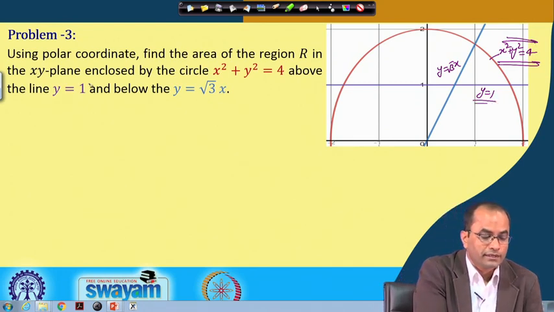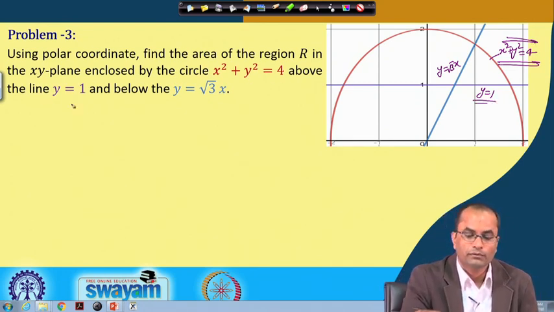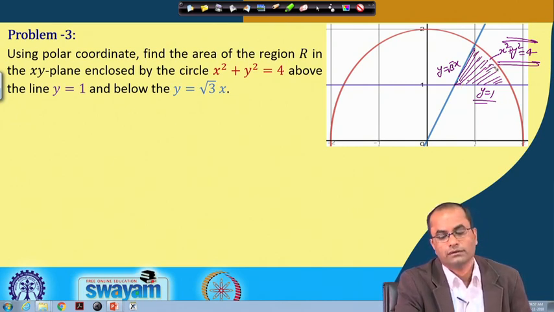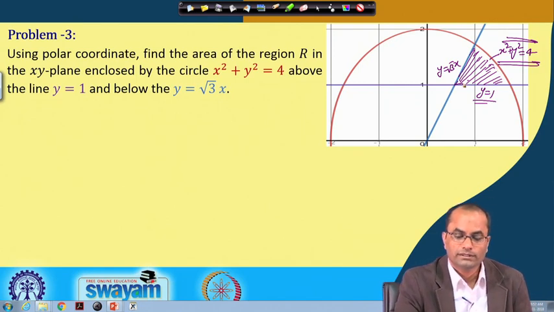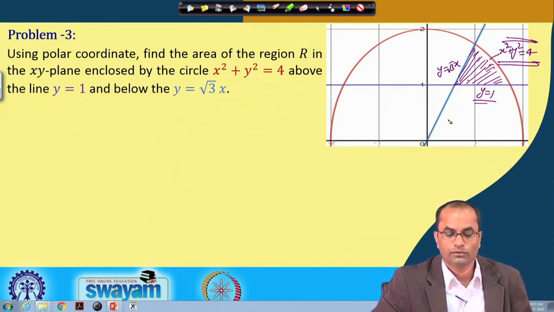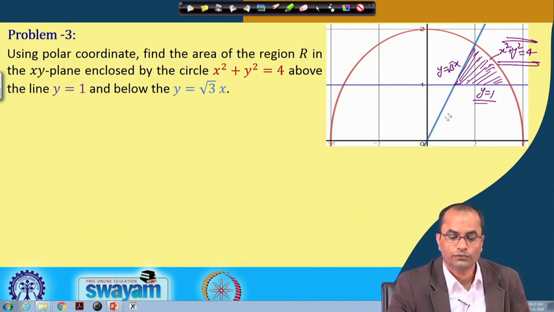The region is enclosed by the circle, above by this line and below by this line. This is the region for which we want to find the area using polar coordinates. So in this case, we have to see the limits for r and also for theta.